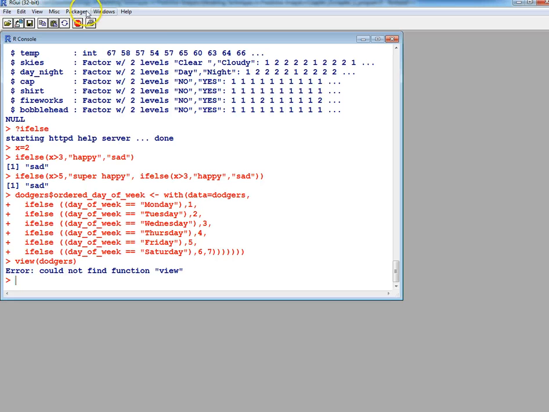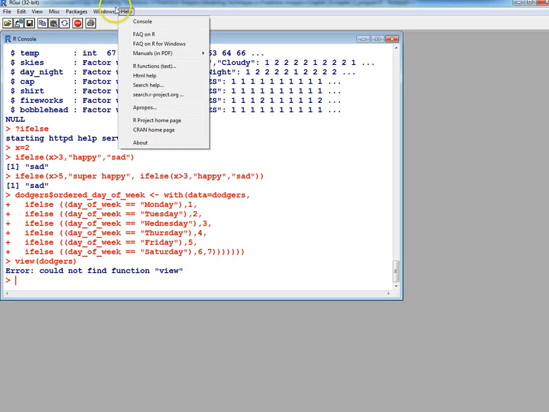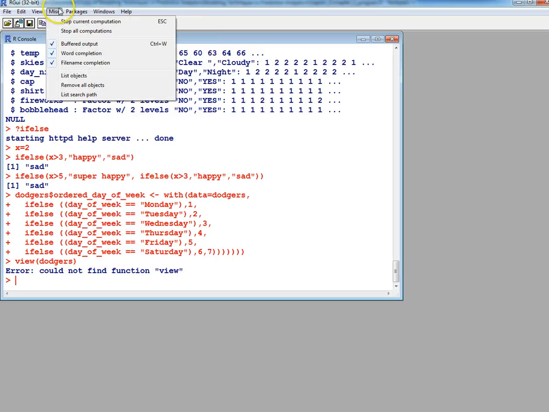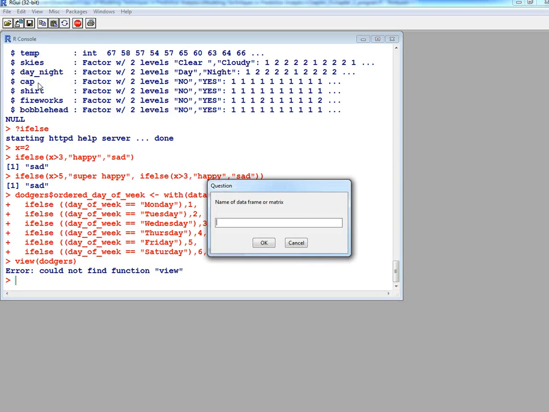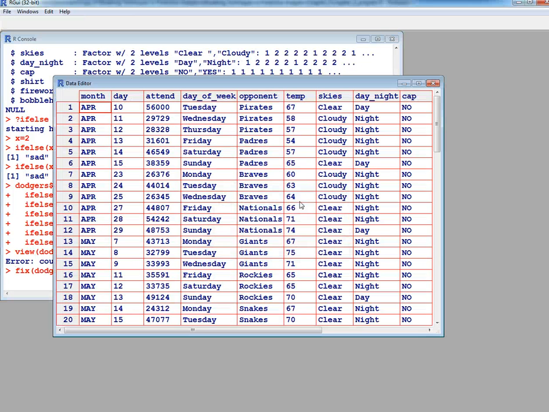What is it? I forget. There's another function that allows us to, data editor. Okay, there. Okay, so you can do that.